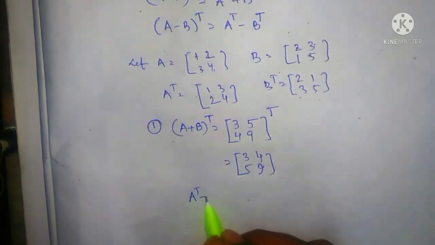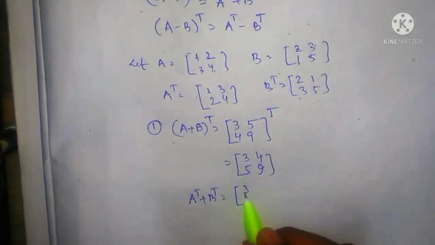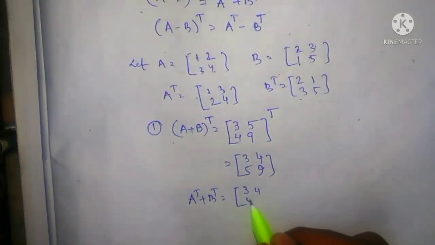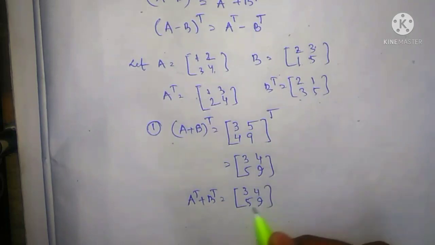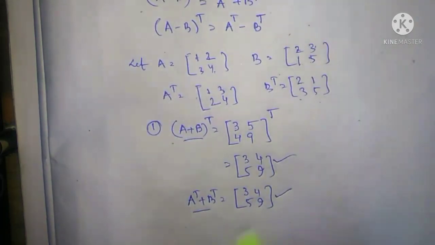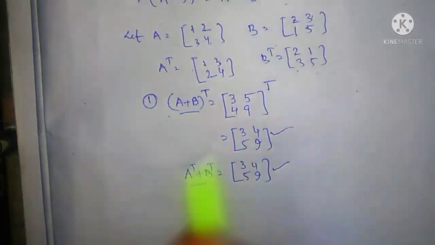Now A transpose plus B transpose: 1 plus 2 is 3, 3 plus 1 is 4, 2 plus 3 is 5, 4 plus 5 is 9. Is this and this equal or not? This and this are equal. In the similar way this is equal too. You can check it yourself.